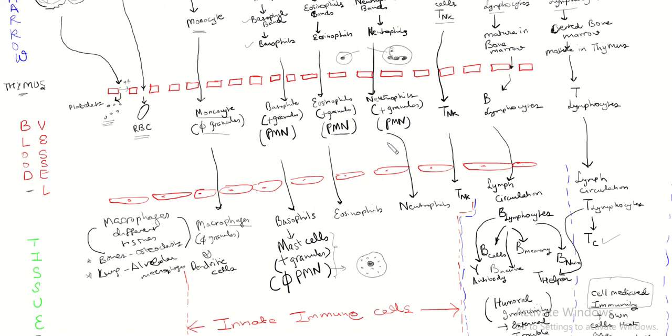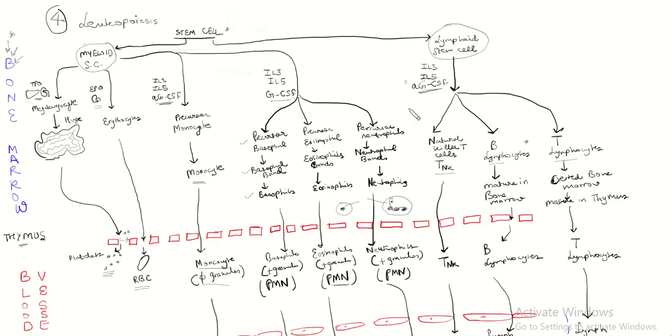Okay? And last but not the least, we go into the lymphoid stem cell line where you get natural killer cells, B lymphocytes, and T lymphocytes, and they don't have granules because they've been stimulated by the agranulocyte colony stimulating factor. And so when you talk about agranulocytes, cells that don't have granules, agranulocytosis means too many cells that don't have granules.